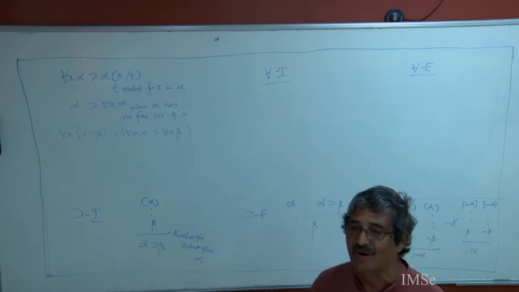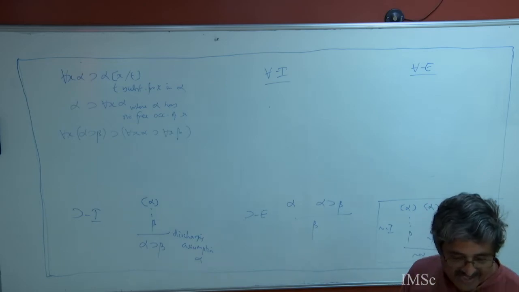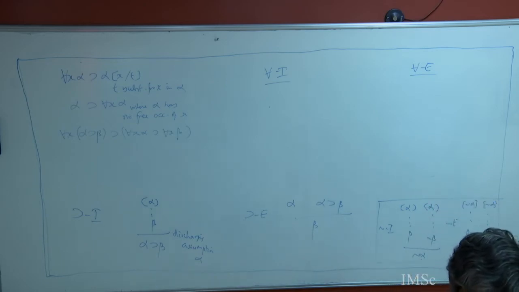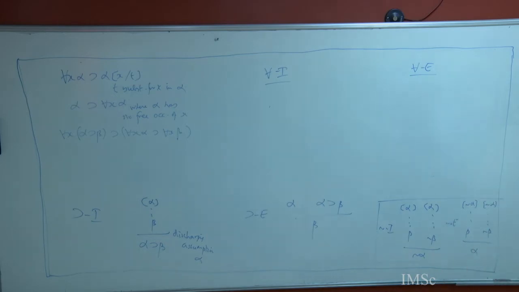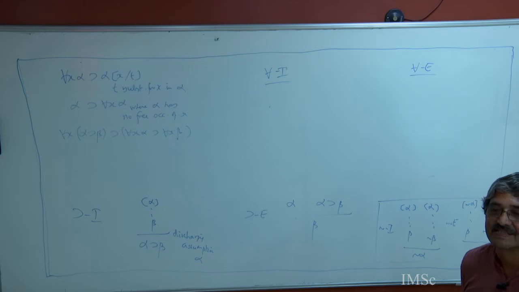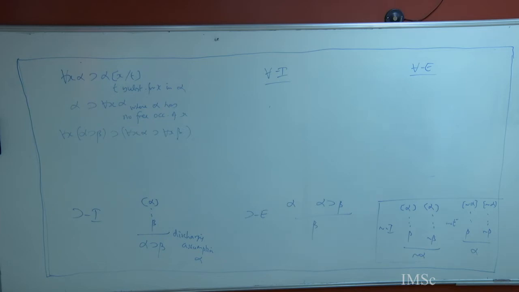So can you guess what the for all introduction and for all elimination rules would be? Can somebody tell me what would be a for all elimination rule? Well, what is the structure of an elimination rule? What should be on top and what should be below? Ananya, can you help me out?